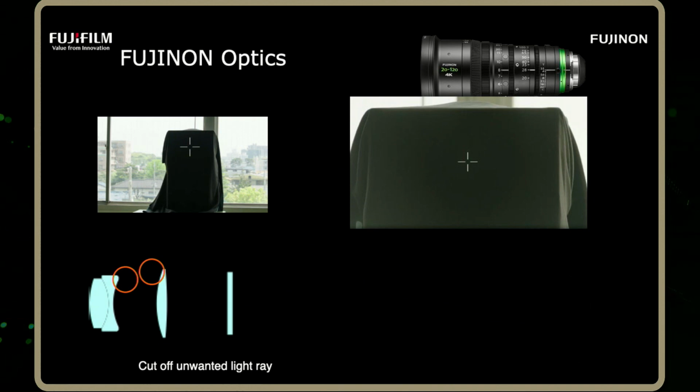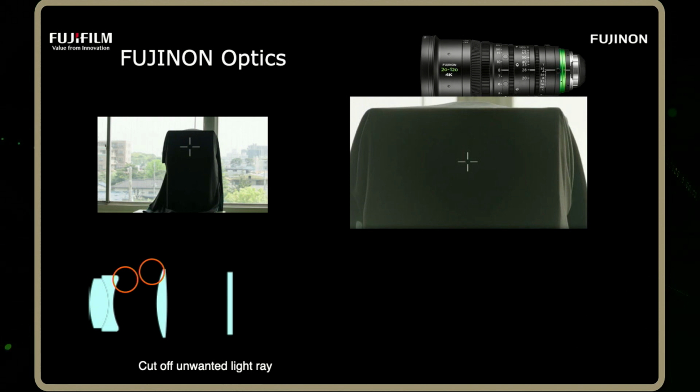And the things that can reduce contrast in a lens are internal reflections, and this can come because of lens coatings, and also it can come from just different components inside the lens reflecting or refracting light. It can come from the type of paint that's used inside the lens itself. So for HDR, you're really wanting to cut off any unwanted light from bouncing around inside the lens.